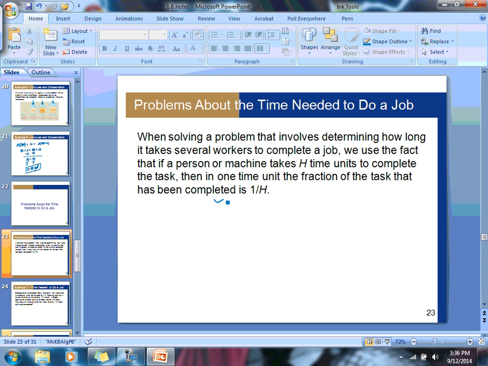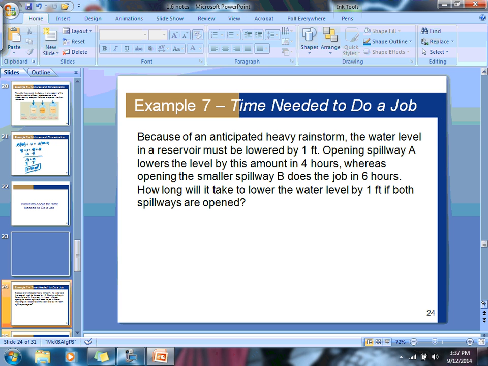So that's the concept that this slide is talking about. You're basically taking the fraction that one person did, plus the fraction that another person did, plus the fraction that maybe another person did, and all together you have one job that got completed. So we're going to use that concept here in example 7.